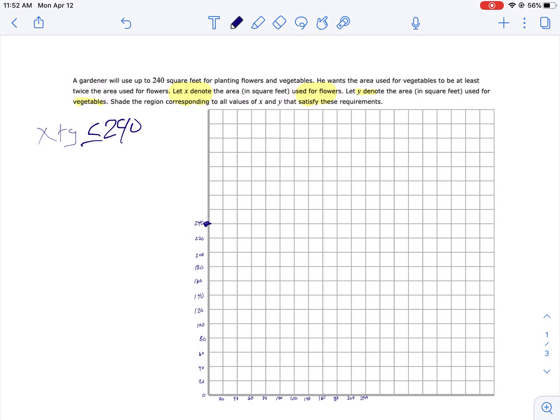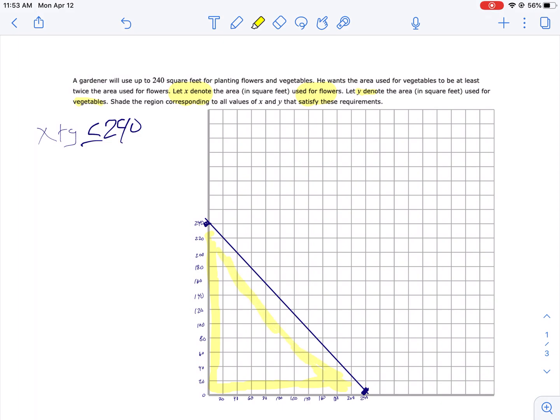It's 240, and we have this line right here, and we are going to shade less than that, so I'm going to shade underneath that. And I'm only including the positives in here.